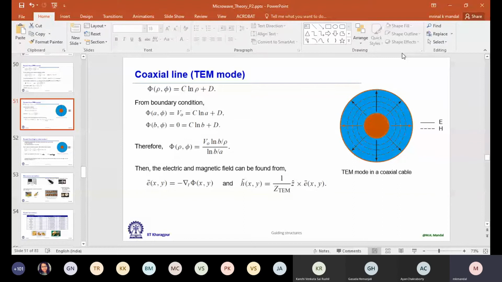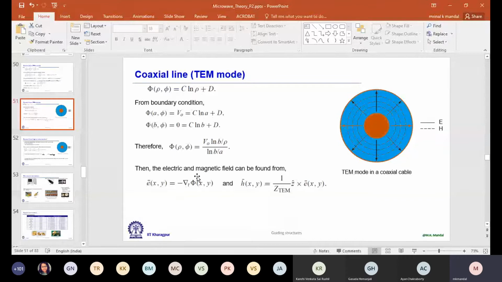Previously, because of high loss, people could not use them. But now high quality dielectric materials are available, and we also have coaxial cables operating at millimeter wave frequencies, not till 300 gigahertz, but till 110 gigahertz we can use them. It's available in the market.